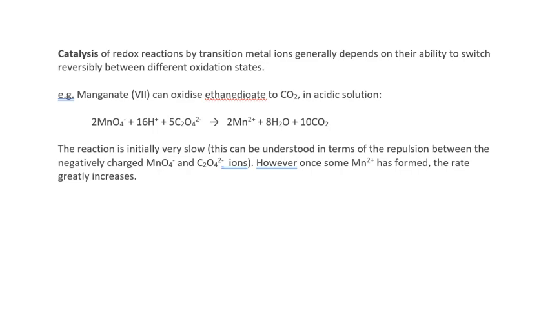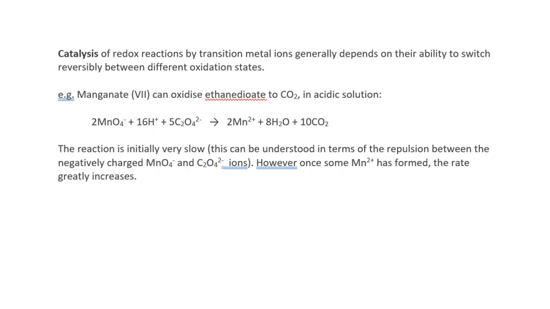You also need to be aware that this property of transition metal ions, that they often act as catalysts in many reactions, results from their ability to switch between different oxidation states. You don't have to learn any specific cases where that's the mechanism, but they sometimes will ask questions where, for example, you get to use redox potentials to try and work out a catalytic mechanism.